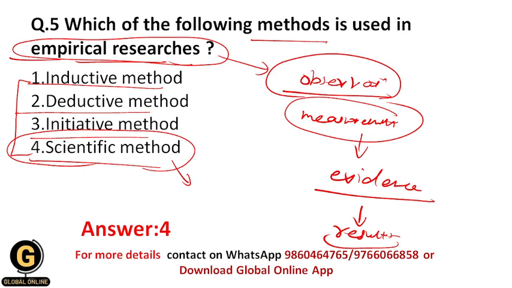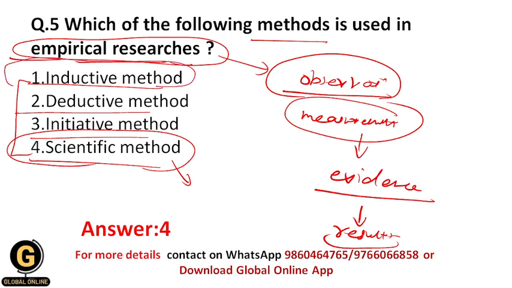Within the scientific method there are lots of systematic, step by step procedures, and we follow those steps whenever we do research. These steps are based upon empirical approaches, and that's why within empirical researches the scientific method is used.